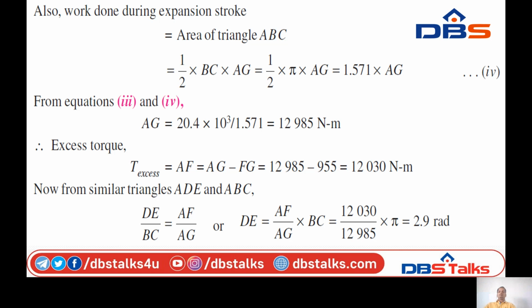If you need the weight, we can multiply with 9.8, so approximately 13,800 newtons. With that, we have covered some of the problems.